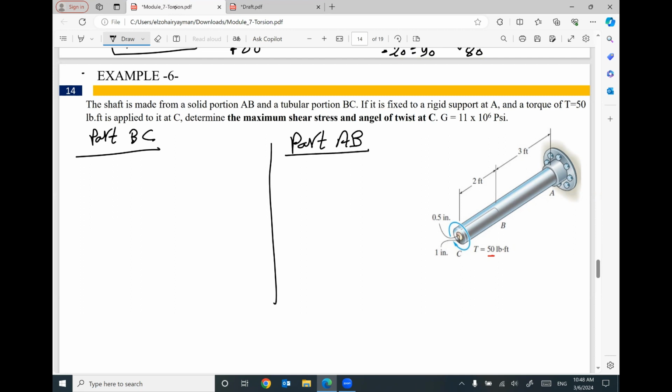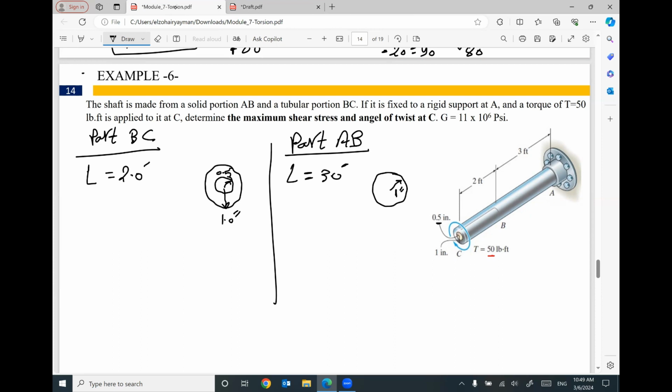Keep in your mind, for part BC, we have a hollow shaft with inner radius 0.5 and outer radius equal 1 inch. For the part AB, we have a solid shaft with a radius equal 1 inch. The length of part BC equals 2 feet. The length of part BA or AB equals 3 feet.